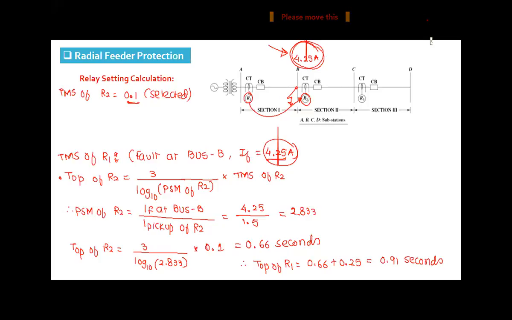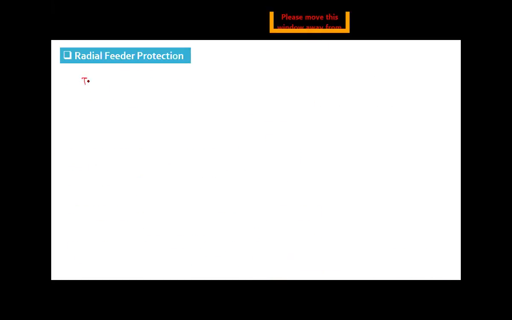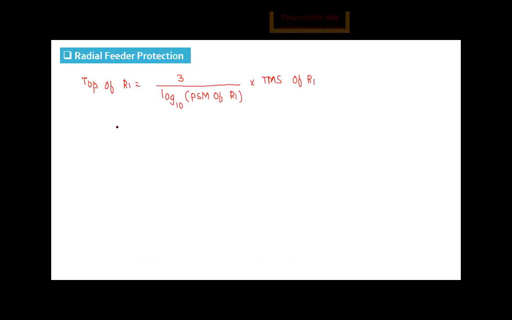What equation will we write now? TOP of R1 equal to 3 upon log PSM of R1. See, now we have TOP of R1. Okay. So we will write TOP of R1 equal to 3 upon log PSM of R1 into TMS of R1.